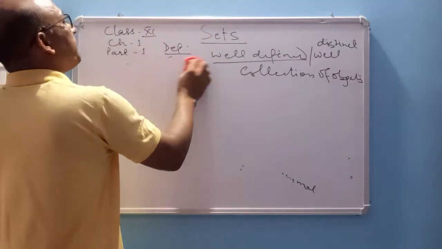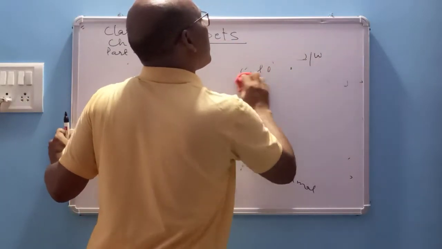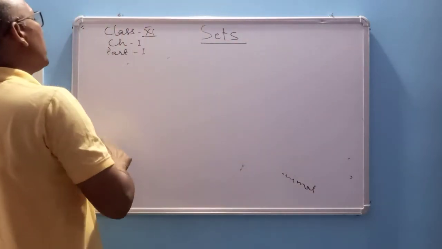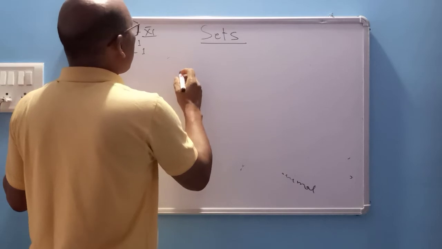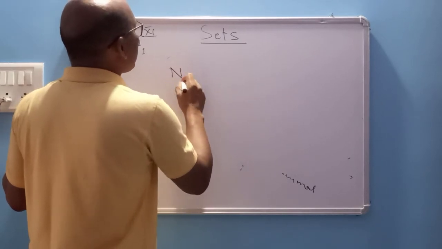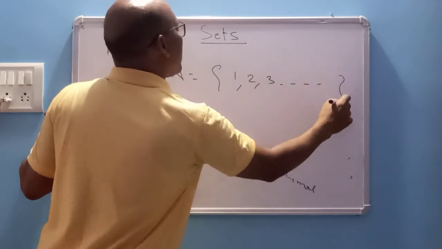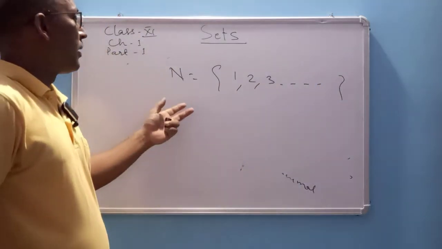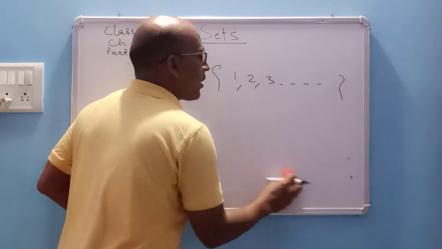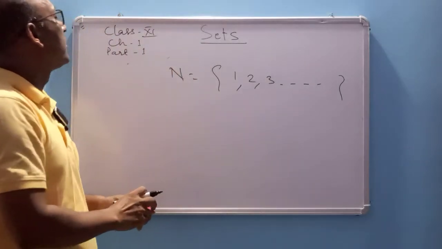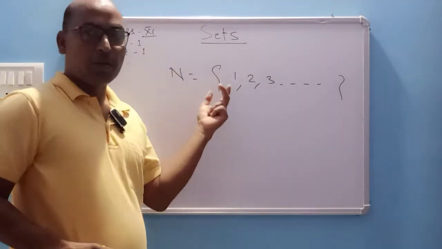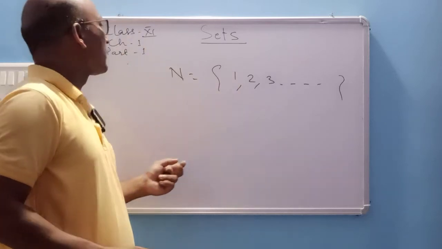Now as I said before, the numbers like 1, 2, 3 is called the set of natural numbers because this is a well defined collection.